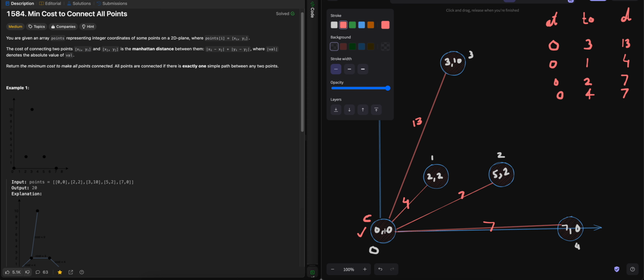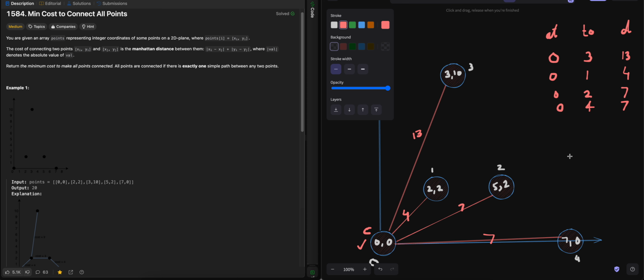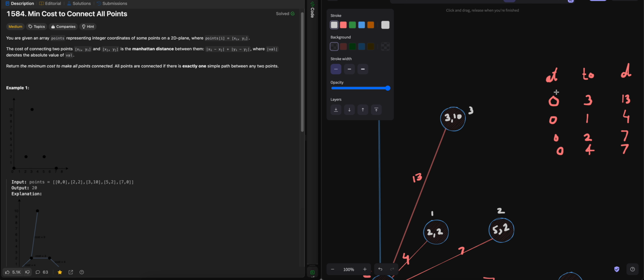So from this vertex, out of the various edges that we have calculated, which is the minimum edge? To do that, in which data structure are we going to store this? We are going to store all this data in a min heap.